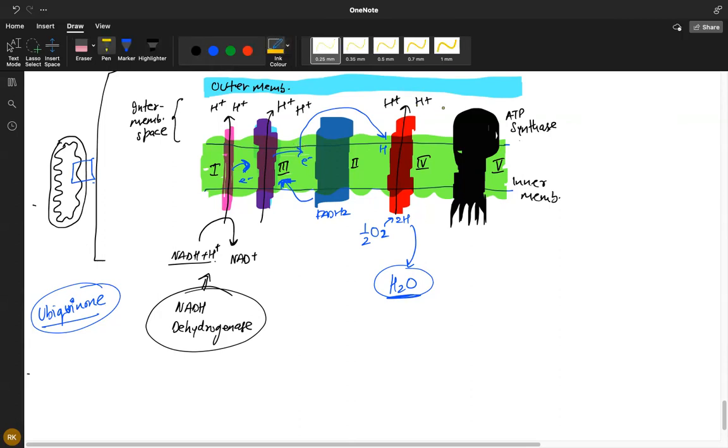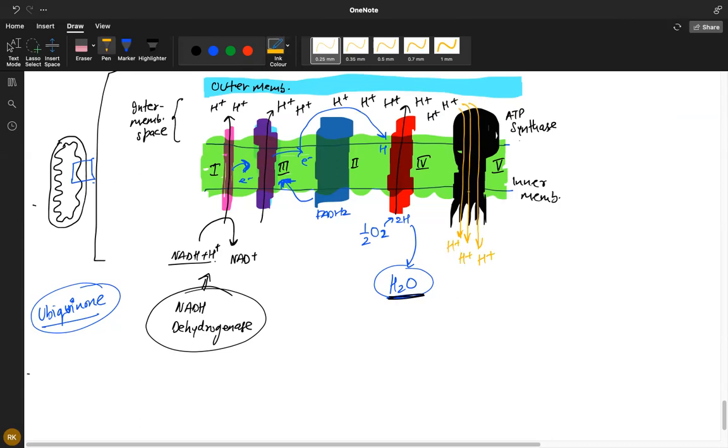All this proton which was accumulating in the intermembrane space, there will be a high gradient of these protons, correct? We finally formed water and that is done. So all these protons now start going through this ATP synthase one by one, and they come back into the inner side.